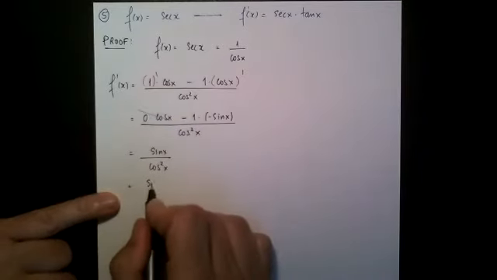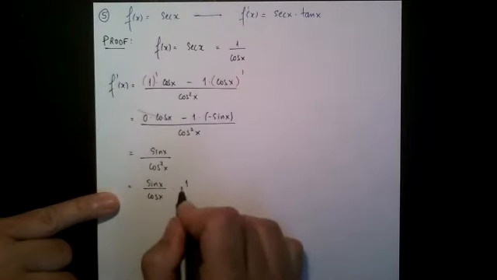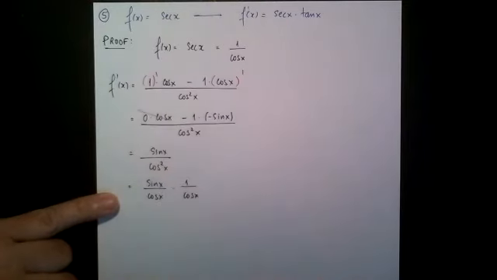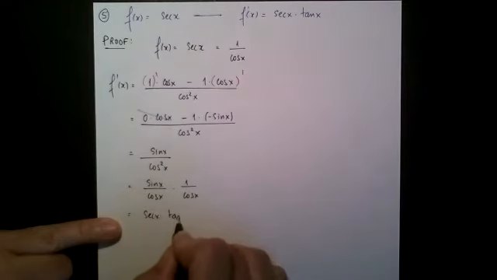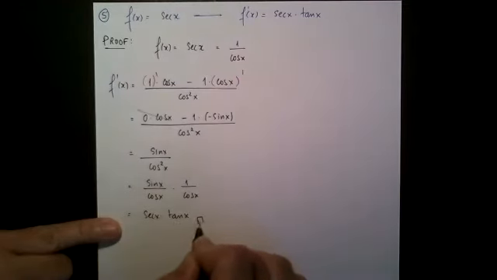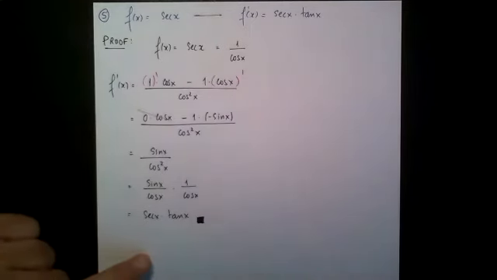And that I could split into sine x over cos x times 1 over cos x. And that is tangent and that is secant. So secant x times tangent x, that's very good. Okay, easy. So this is using the quotient rule.